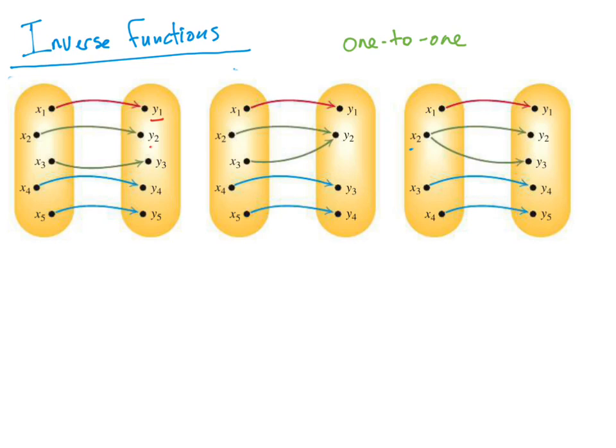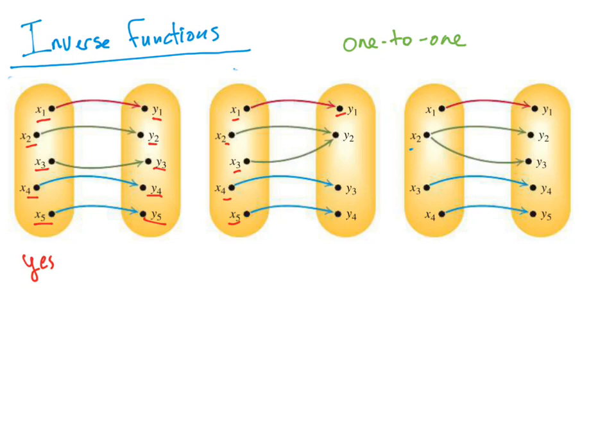So remember, a function takes each input and points that input to exactly one output. Looking at the first relationship, each of the x values, which are the inputs, is pointing to a single output. So we would say, yes, this one is a function. The second one, we have each of our inputs also pointing to a single output.